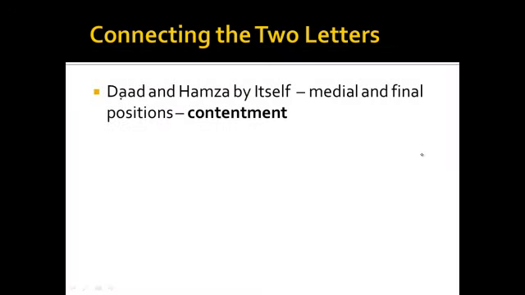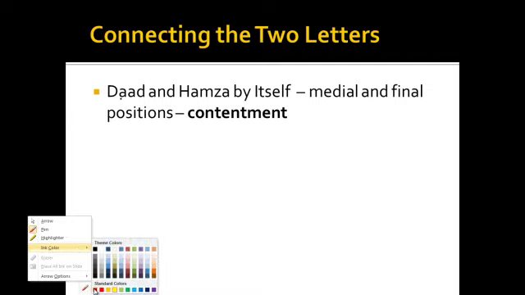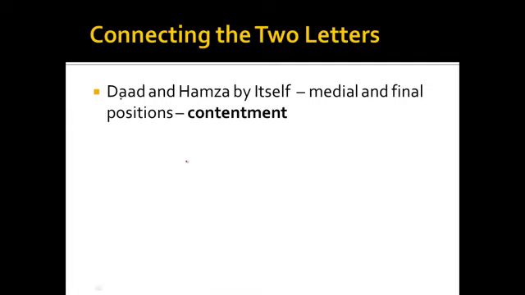Okay, let's write these letters in an actual word. So I'm going to change my color here to red. Okay, let's review here. We have the Daad in the independent position. It looks like this. In the initial position, looks like this.